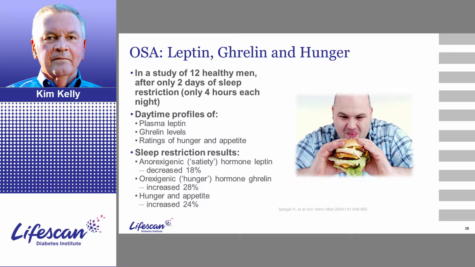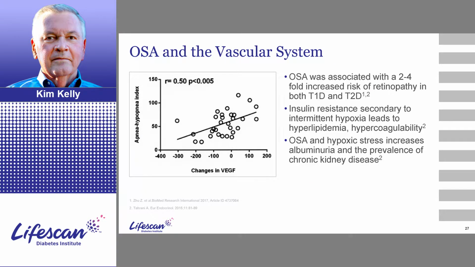In addition, in a number of studies, measures of vascular damage were measured. In this particular study, they looked at VEGF, vascular endothelial growth factor. We know that that's associated with a variety of conditions related to the vasculature. Among them is kidney disease and retinopathy.